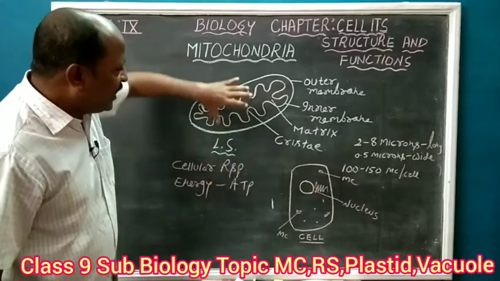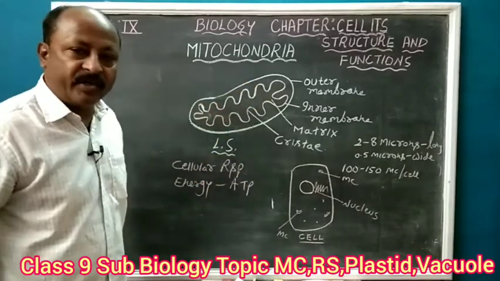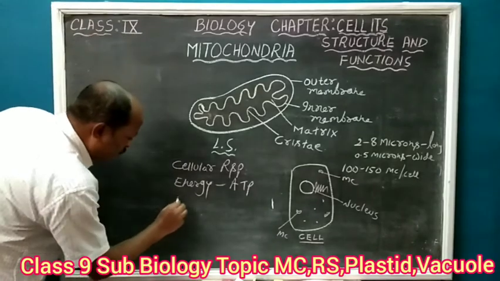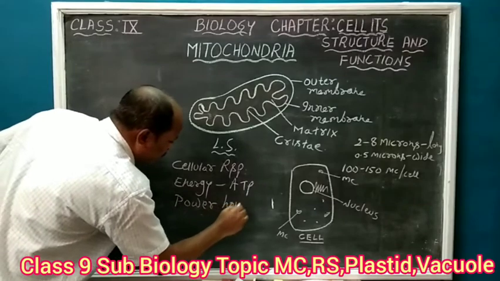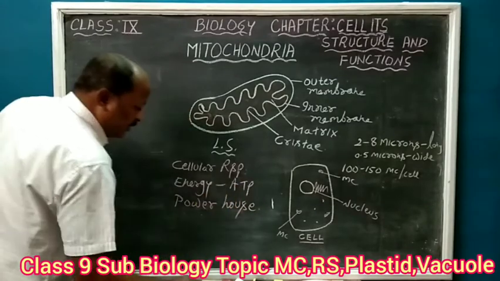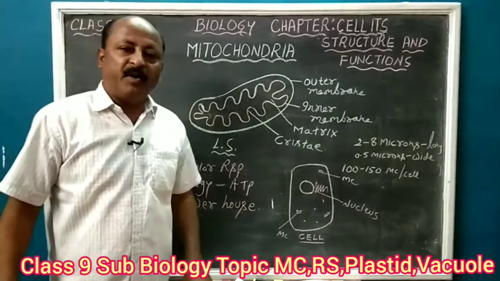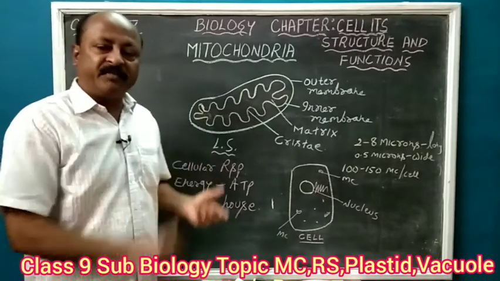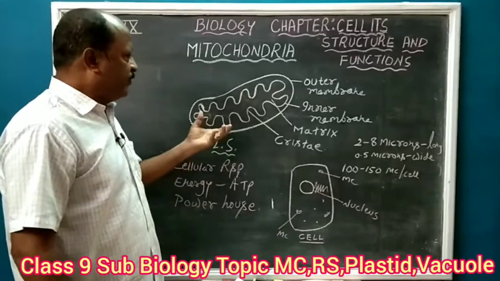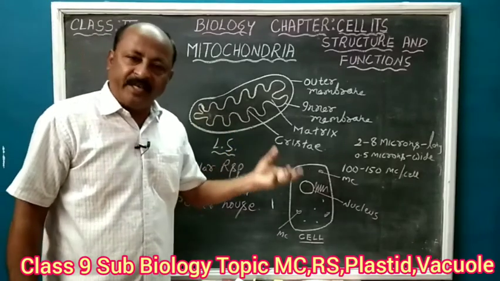So as ATP is stored inside this mitochondria, mitochondria is also called the powerhouse of the cell. Depending upon the function of the cell, the number of mitochondria might vary.